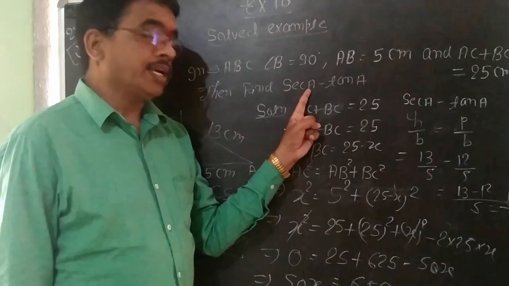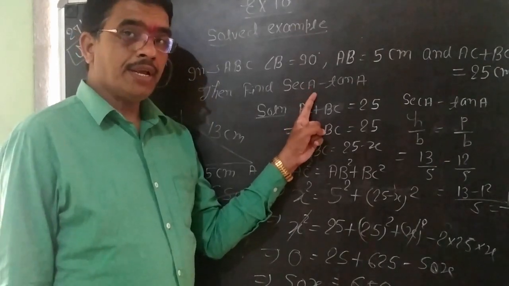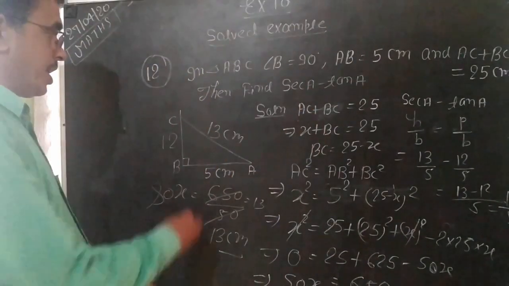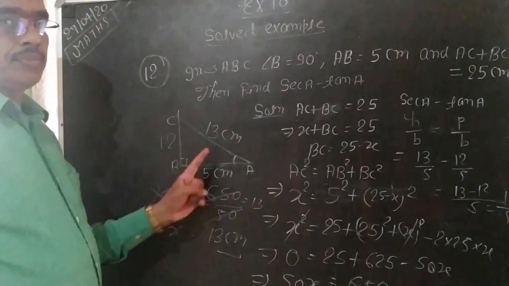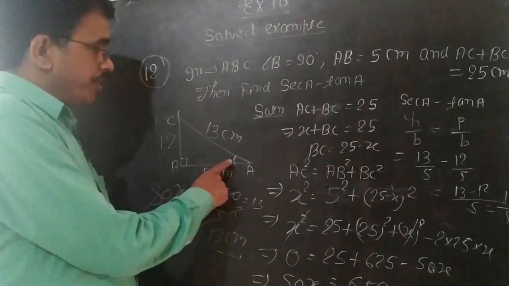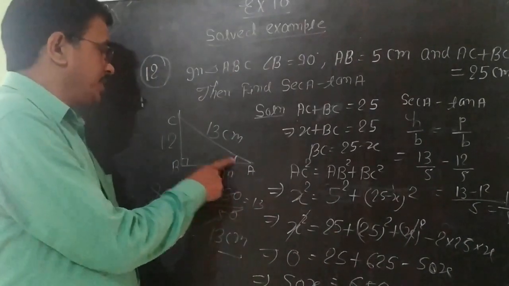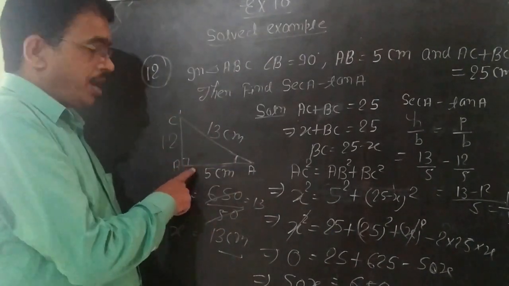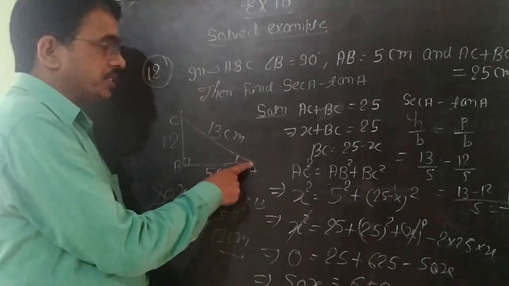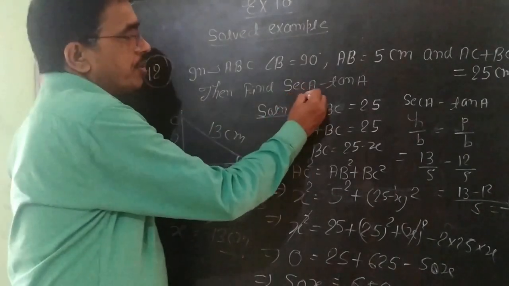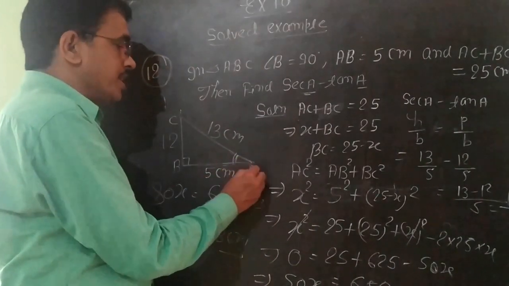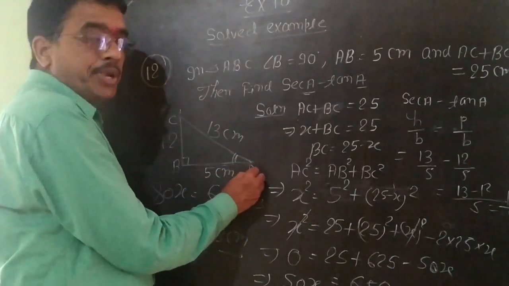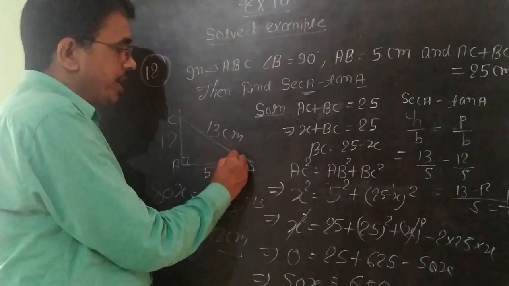That is sec A. Here is A. When you draw a right angle triangle, you always write A here. It helps you. When you write A here, then it is clear that the perpendicular is BC, the base is AB, and the hypotenuse is AC. So your question is related to A. If your question is related to B, then I write B or C here. So here it is A, so I write it here.